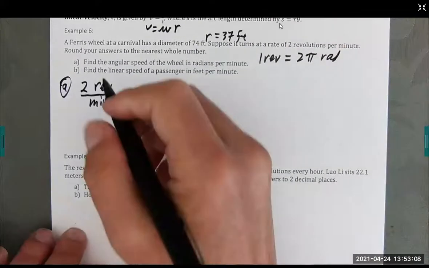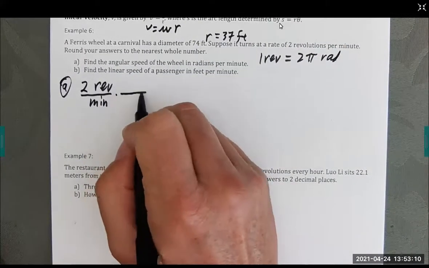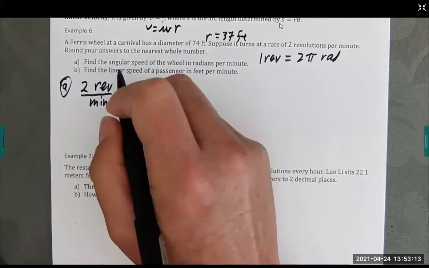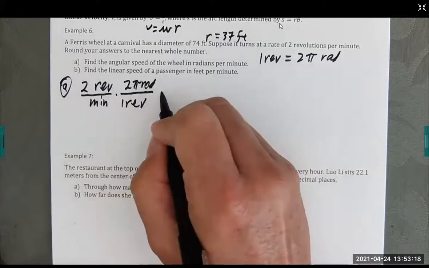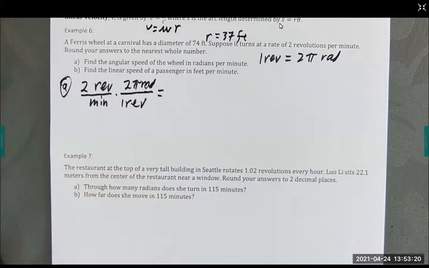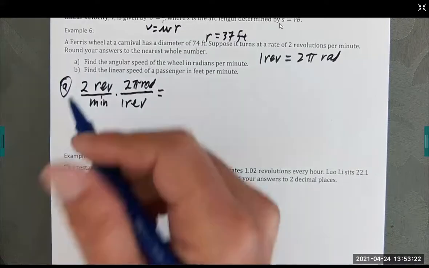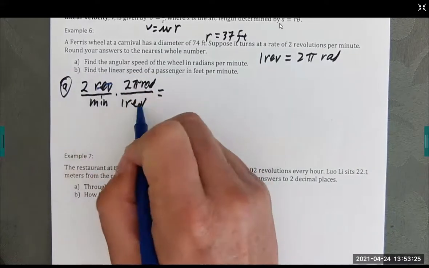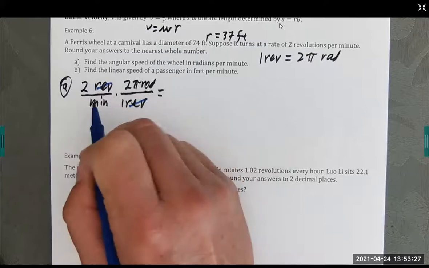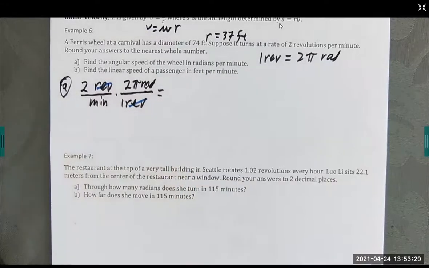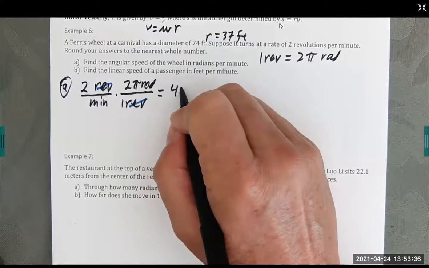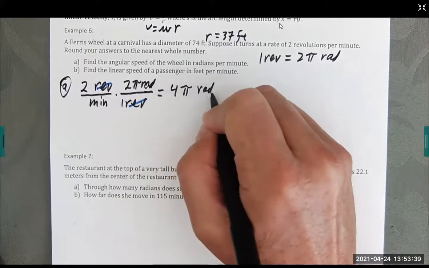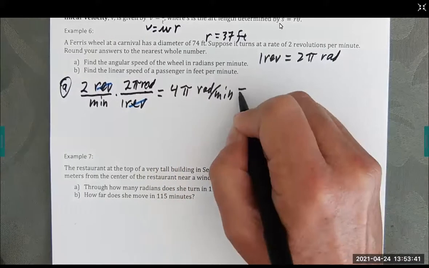So when I convert this, this is a trick I learned in college, where I set the units so that they cancel out, and what I'm left with are radians per minute, which is exactly what they're looking for. So it looks like we are at 4 pi. This is radians per minute, and this is our omega.